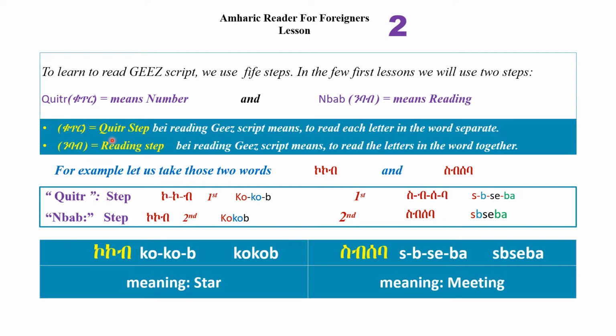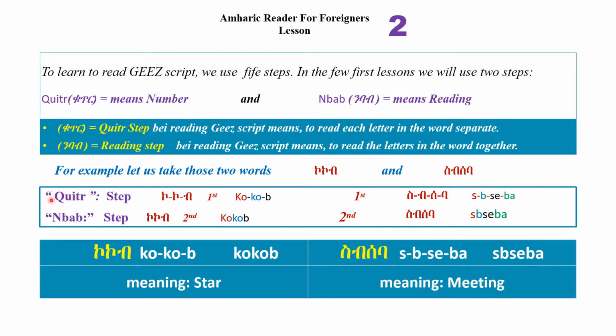Qutur means reading each letter in the word separately. Nibab means reading the letters in the word together. Let us take 2 examples, Kokop and Sibseba.